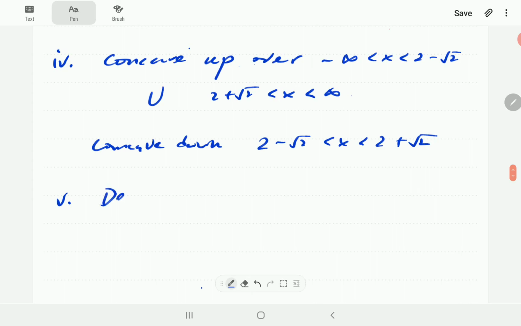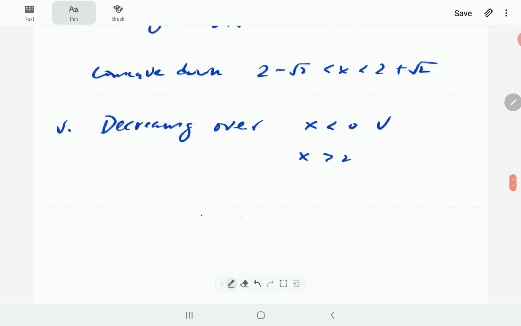So we're going to have decreasing for x less than 0, and then for x greater than 2, and then it's increasing only between 0 and 2.